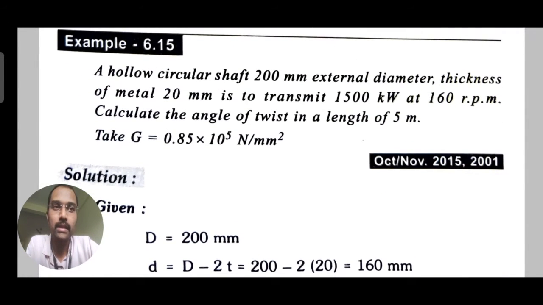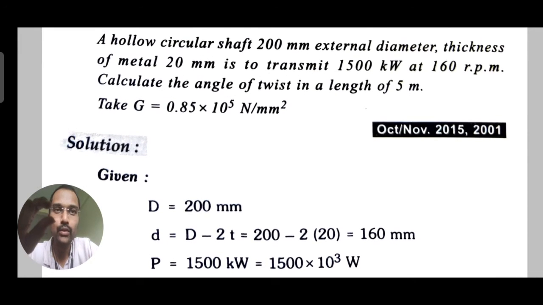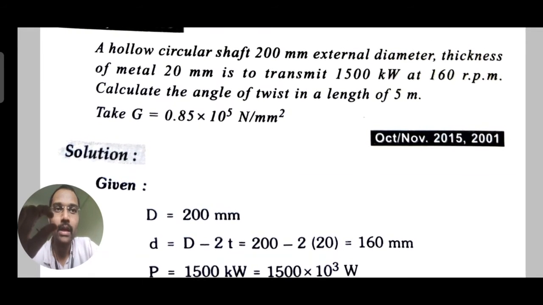Right, this is another model. You can see a hollow circular shaft of 200 mm external diameter. The thickness of the metal is 20 mm. Generally, from the external diameter the metal thickness is considered as 20 mm for a shaft, and it is used to transmit 1500 kilowatts.